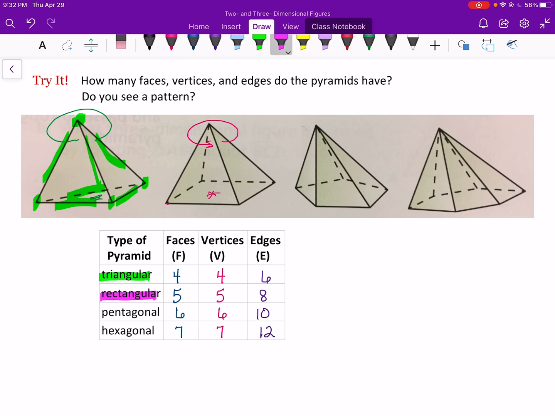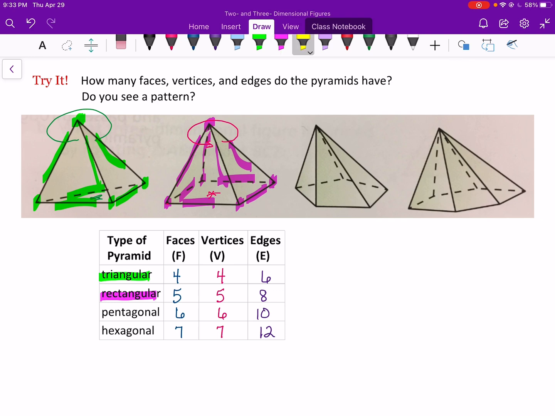On the vertices, we have 1, 2, 3, 4, and then 1 at the top. That makes 5. And then edges. 4 edges around the sides that are going up to the peak, and then 4 edges around the base. 4 plus 4 is 8.